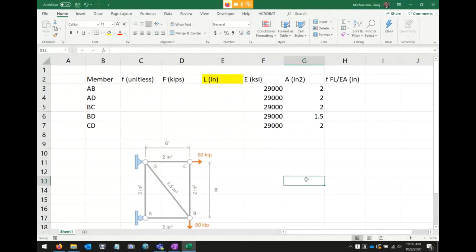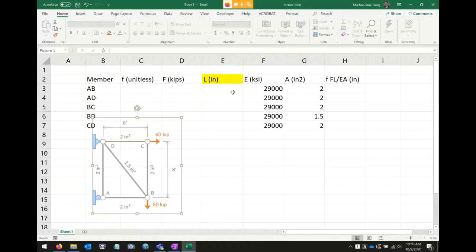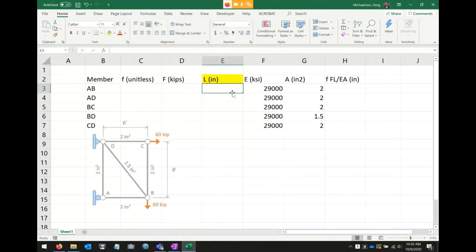Now let's do the member lengths. Member AB is 6 feet, at 12 inches per foot, so 72. Same thing with member CD. Members AD and BC are 8 feet long, so that's 96.